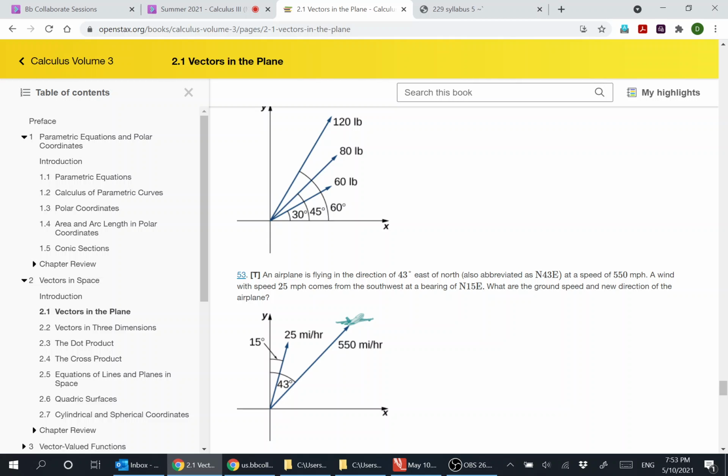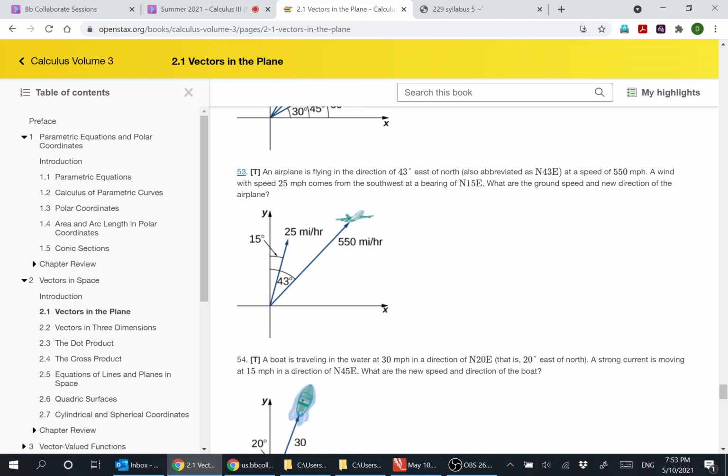The wind has speed 25 miles an hour, and comes from the southeast at 15 degrees east of north. What are the ground speed and new direction of the airplane? So what they are saying is that if you add these two velocity vectors, the resulting vector is the velocity of the plane relative to the ground.